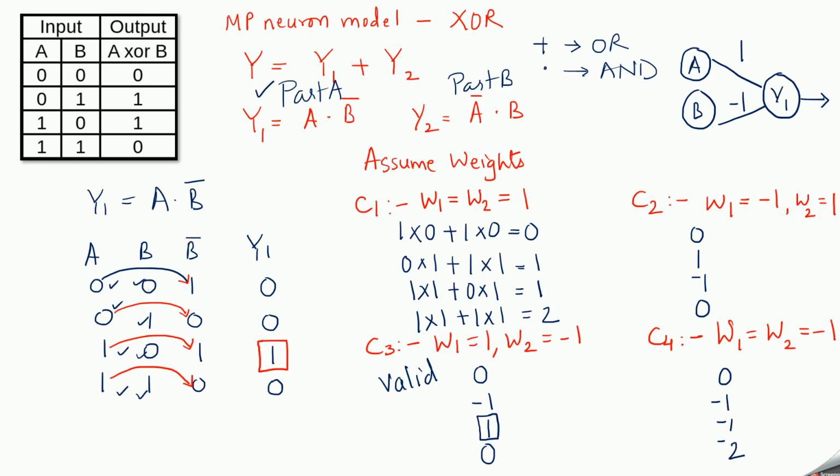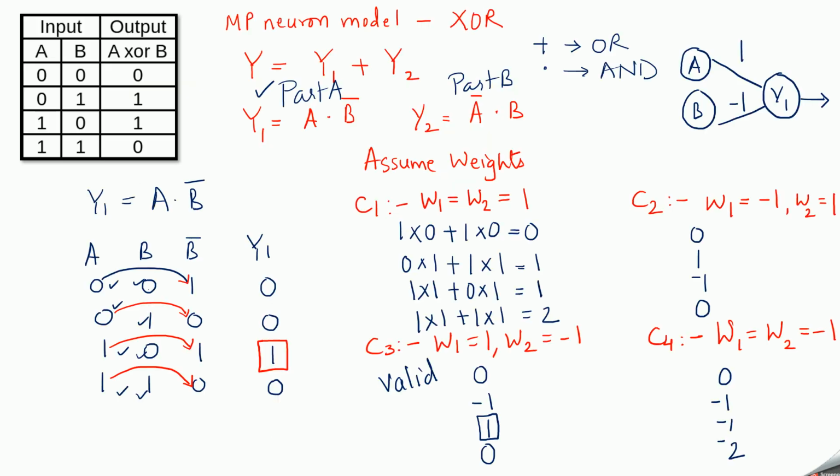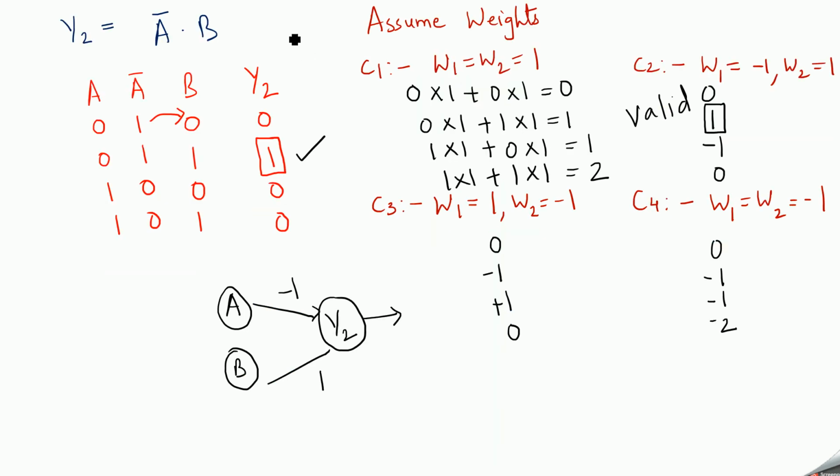In the previous case, it was 1 and -1. Here in this case, it is -1 and 1. But we have not finished this because we have seen over here the formula is y is equal to y1 plus y2. So now what we will be doing is we will be considering this y1 and this y2, and y is equal to y1 plus y2.